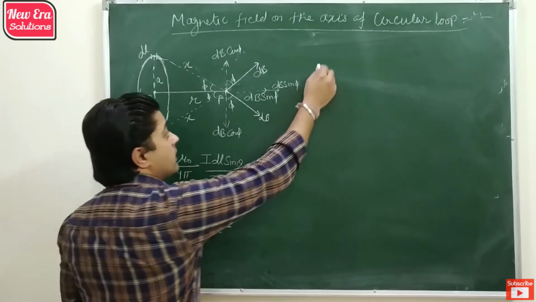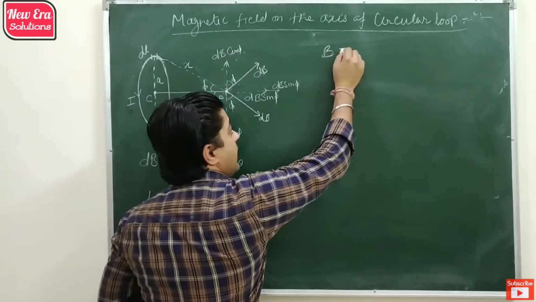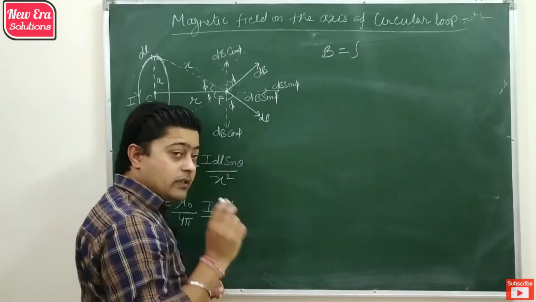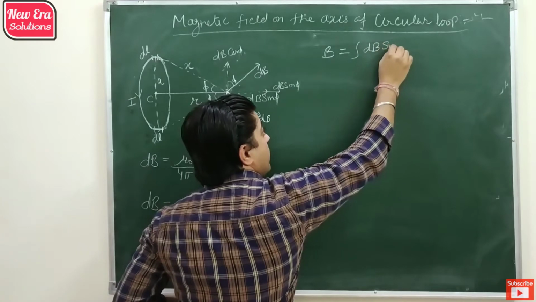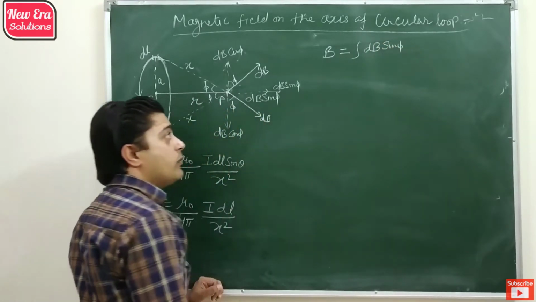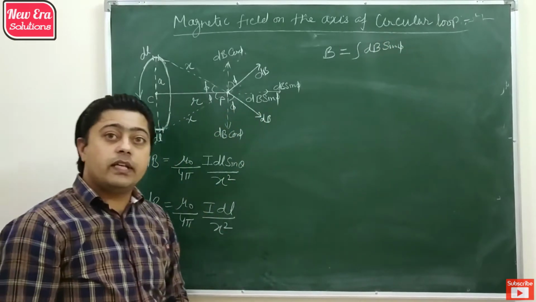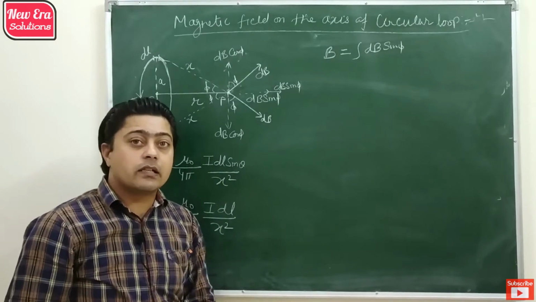Then the total magnetic field at point P is just the integration of the small magnetic field with its sine component, because the cos component of each magnetic field is cancelled out.